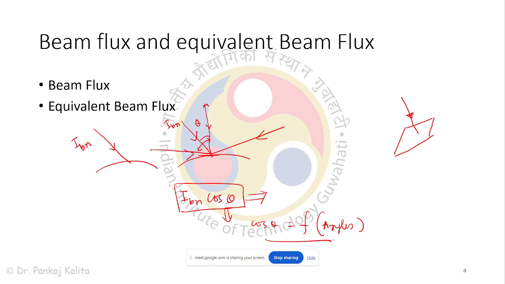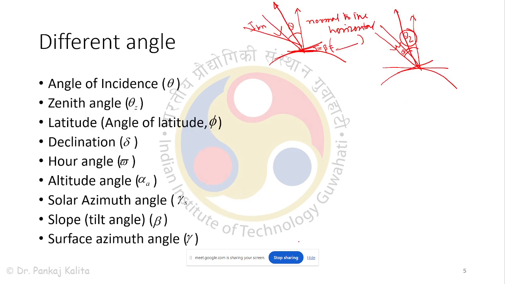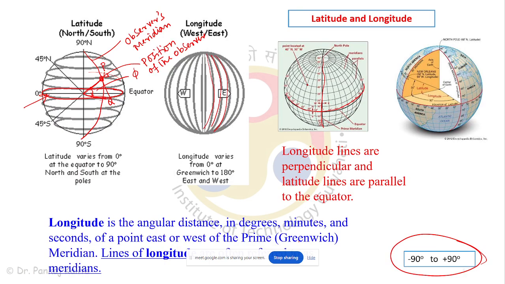So it will be I_BN cos theta, and this cos theta will be a function of different angles that we are going to see. This function of angle signifies the relationship between three things: the sun, the earth, and the observer on the surface of the earth. This I will explain later. These are the different angles we'll discuss one by one.